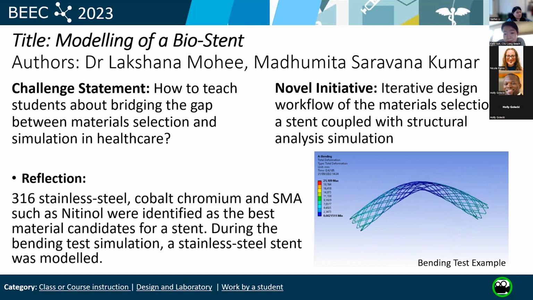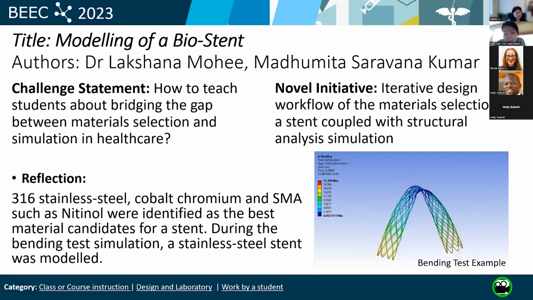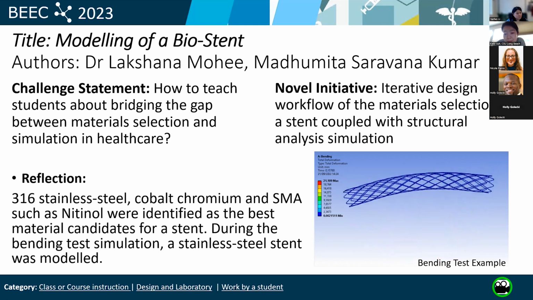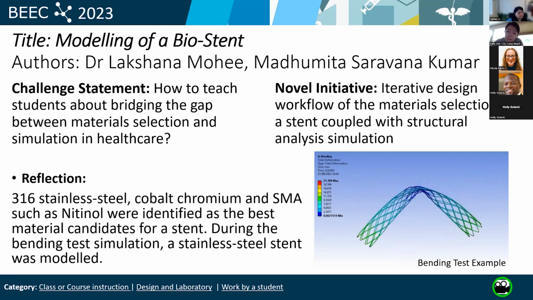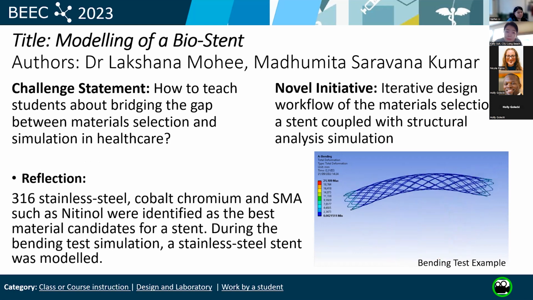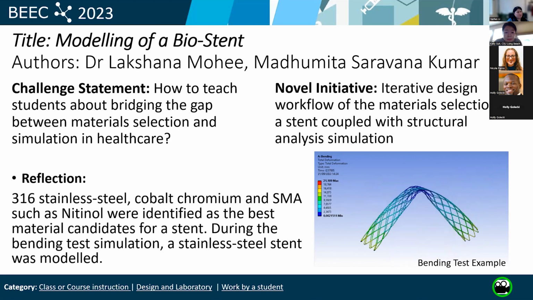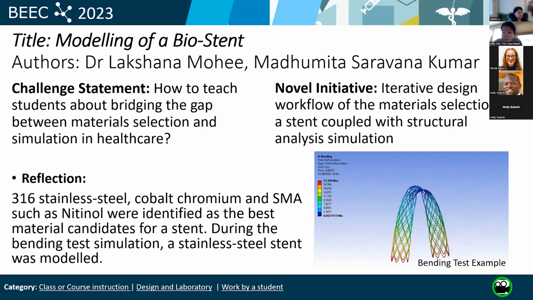So we put together the material selection part. We used the material selection methodology by Professor Ashby, looking at the design constraints, functions, etc., and then identified the top materials that we would like to use. And once again, the behavior of the materials, as expected, completely changed the outcome of the test.